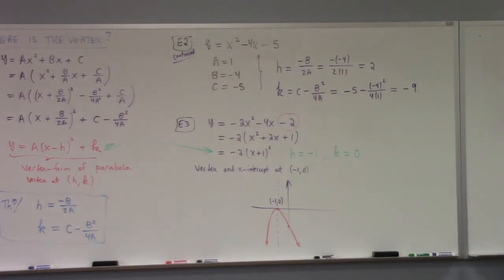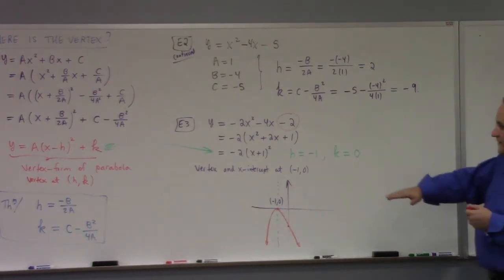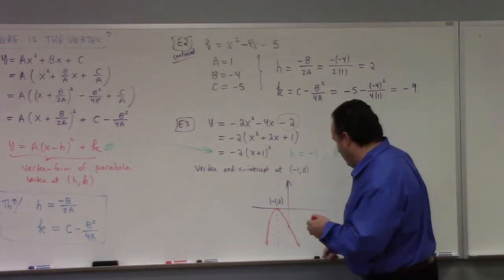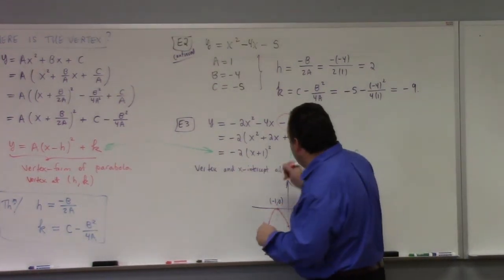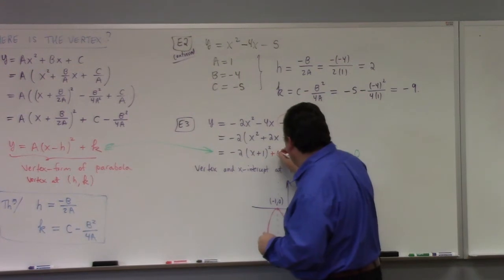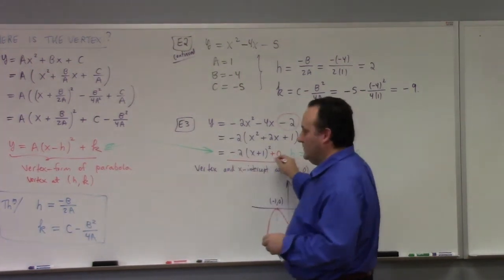For the vertex? Yeah, I looked at it. I pattern matched. I compared this right here, which you've got to use your imagination for. There's a plus 0 here. So look at this and look at that.